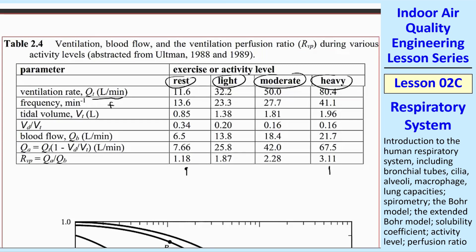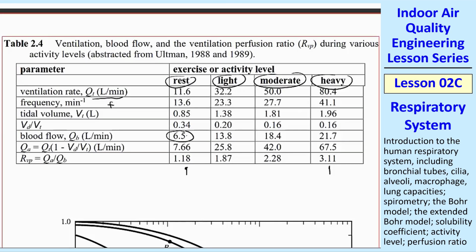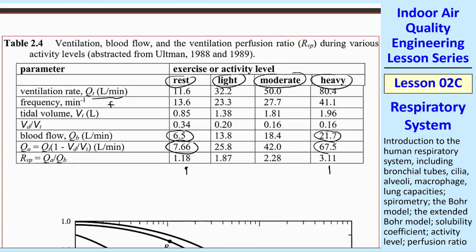At rest, your blood flow is about 6.5 liters per minute, and at heavy exercise it goes up to 21.7 liters per minute, so that's quite a bit. If you look at the air flow rate, it goes from 7.66 up to 67.66. That's quite a big increase, about a factor of almost 9. But then RVP, the ratio of those, goes from about 1.18 to 3.11.